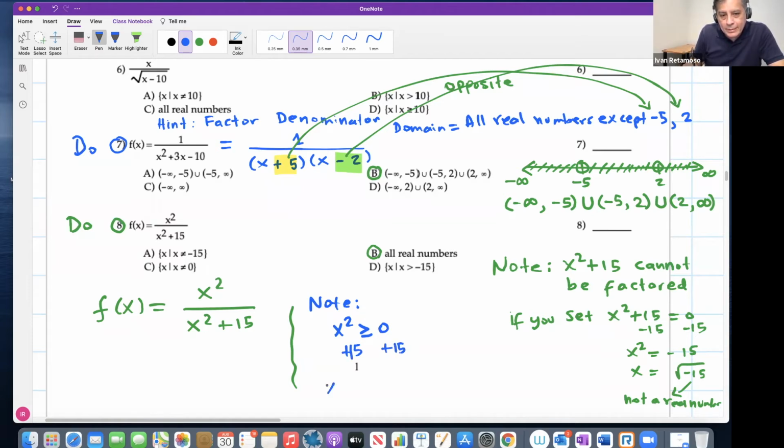You will end up with x squared plus 15 greater than or equal to 15. So never 0. In the worst case scenario, this expression will be 15. So we are safe. For those cases, you have to answer that the domain is all real numbers. Nothing to take away from the real numbers, so all real numbers are the domain, whenever you cannot factor.